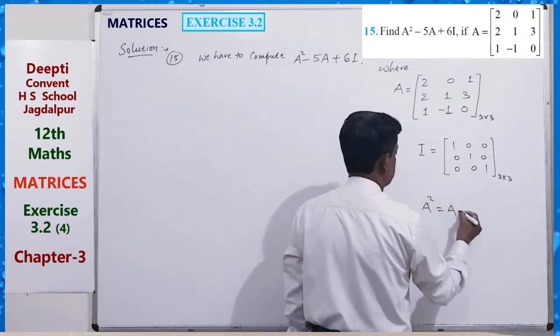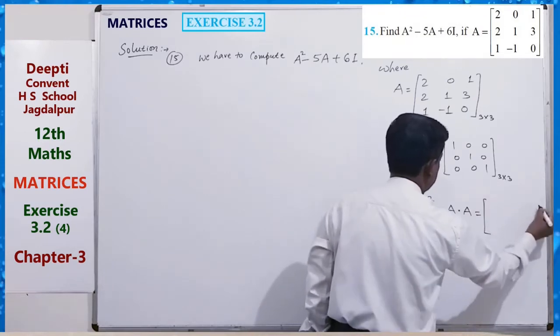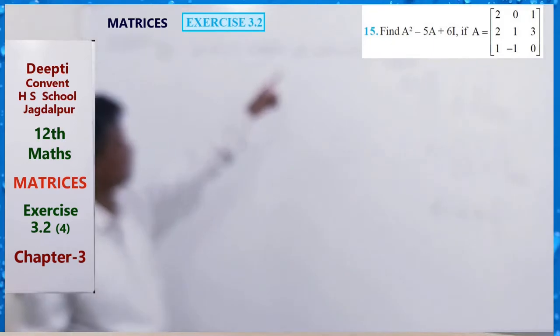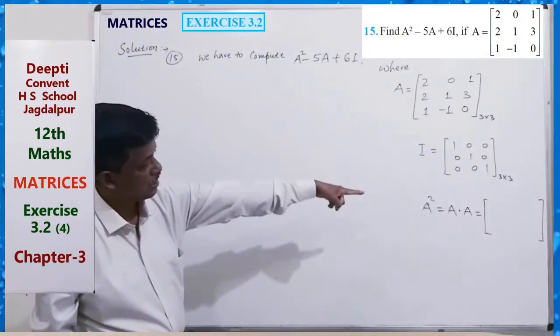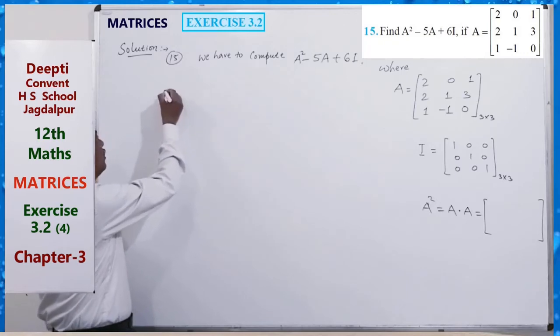A square into A, we have to find this first, because in the expression there are A square, A and I. So first of all we require A square.